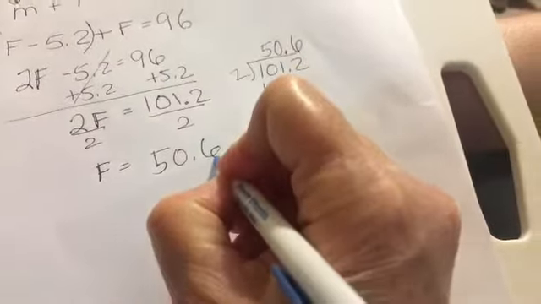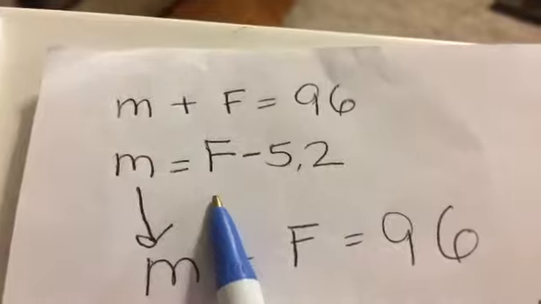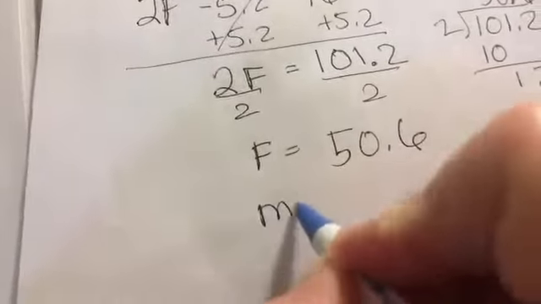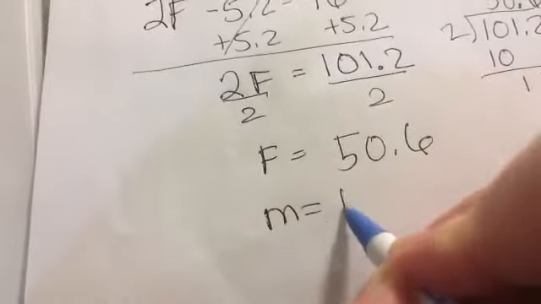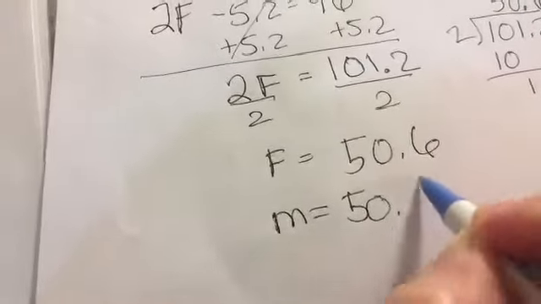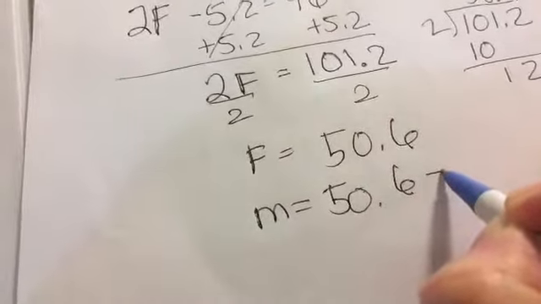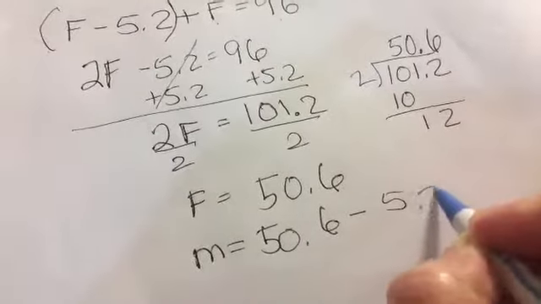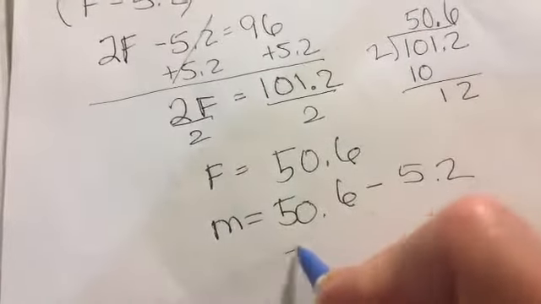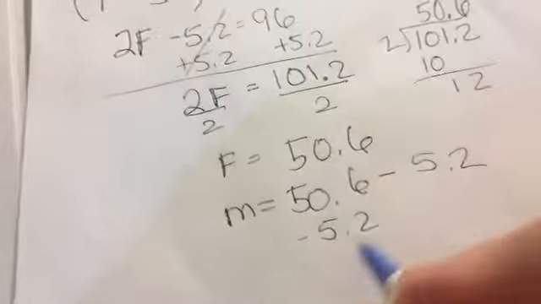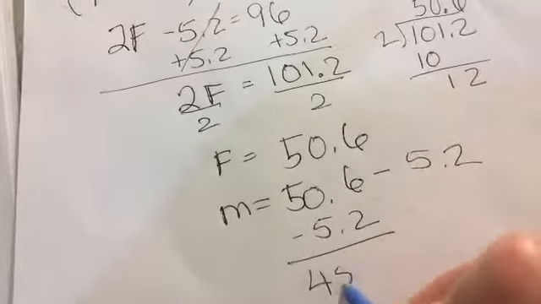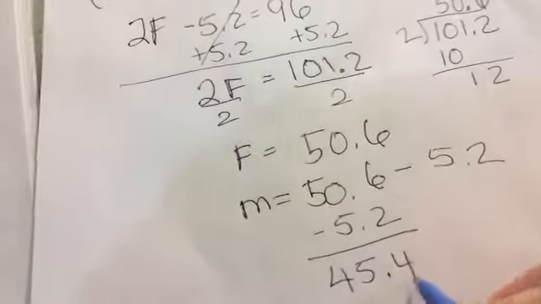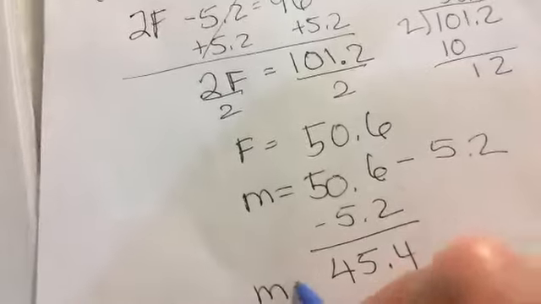and then MySpace, going back to this equation right here, MySpace is Facebook, which is 50.6, take away 5.2, and if I subtract 5.2 here, I'm going to get 45.4 is MySpace.